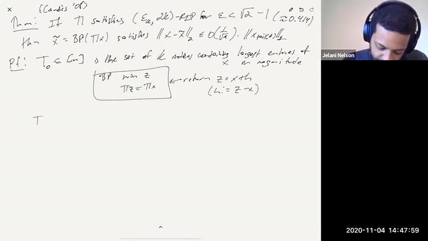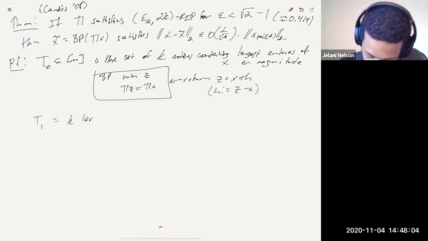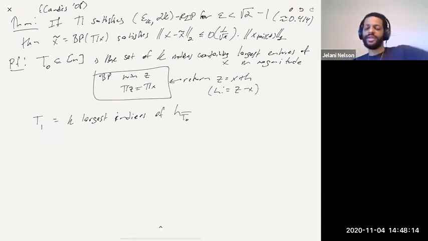And then what I'm going to do is say T1 is the K largest indices of H projected to T0 complement, right? So look at H, ignore the entries of H that are already in T0. And now just look at the K next largest entries when you ignore the ones that are in T0.